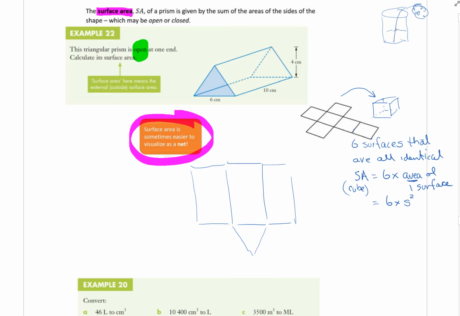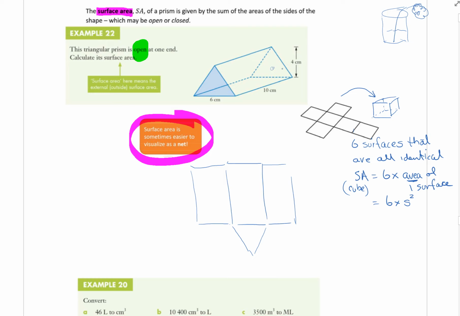It has one open end. So it doesn't have all the regular surfaces of a cylinder. So this triangular prism is open also, so we won't have that triangular end.